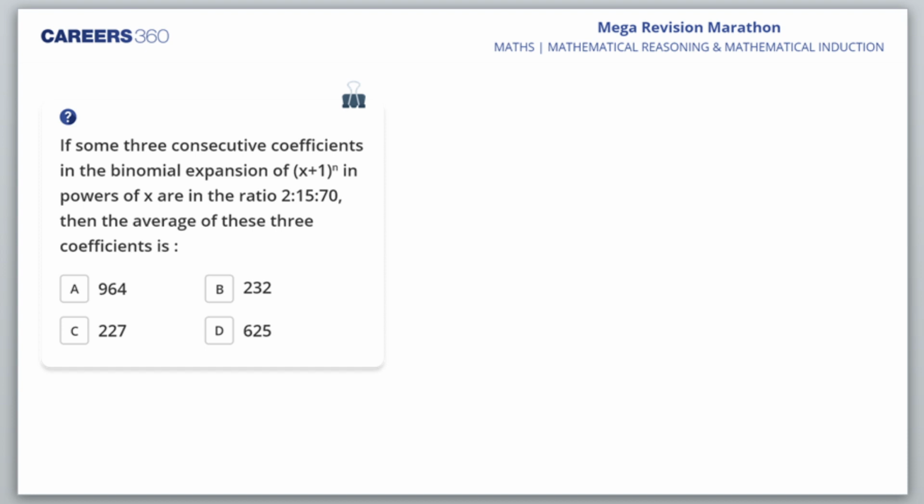So, let's see what you calculate. Yes, students, I am waiting for an answer. So, we are given consecutive coefficients of a binomial expansion in the ratio 2 is to 15 is to 70.